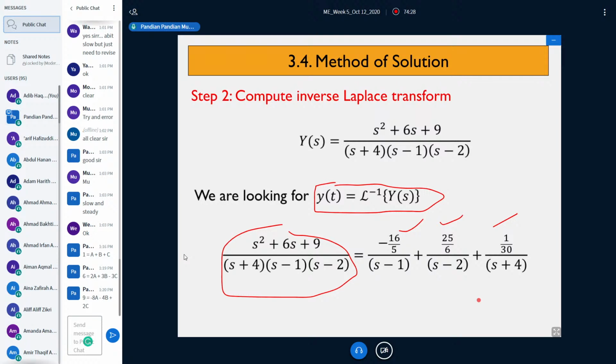So minus 8 times minus 16 over 5, minus 4 times 25 over 6, plus 2 times 1 over 30.